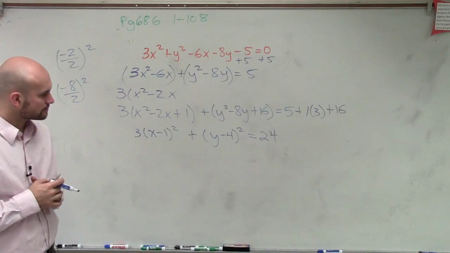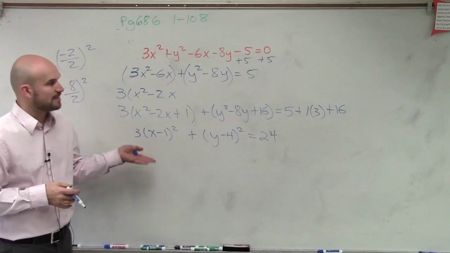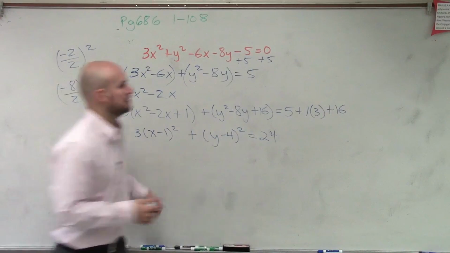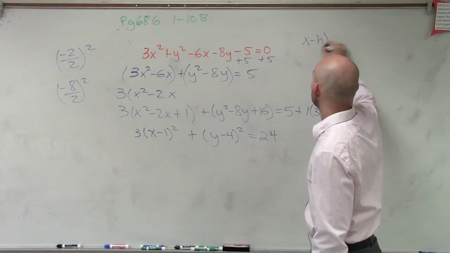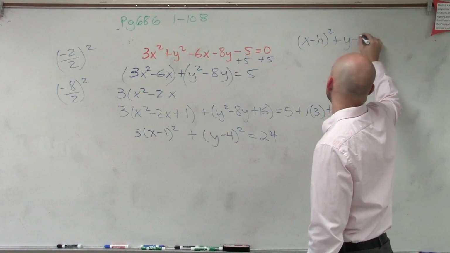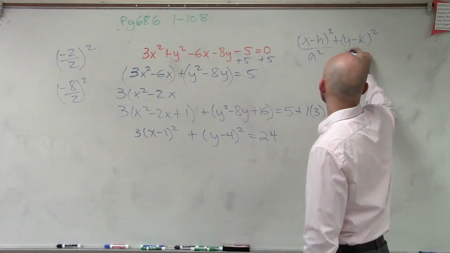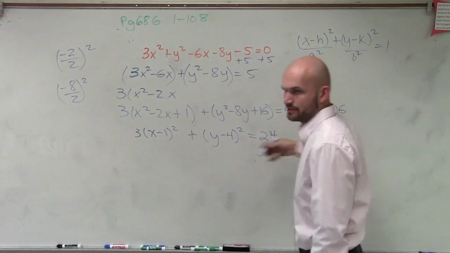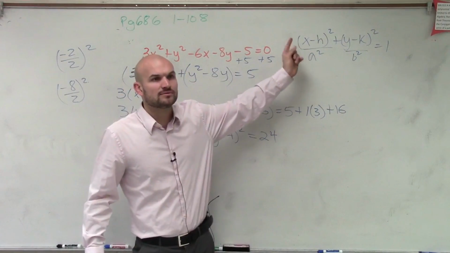All right. Now, we still have a little bit of an issue. Look at this, because remember, our equation for our standard form of a graph looks like this. x minus h squared plus y minus k squared, and then it's either a squared or it's either b squared, equals 1, right? It's one or the other. So we don't have any numbers being multiplied as of right now times our coefficients.